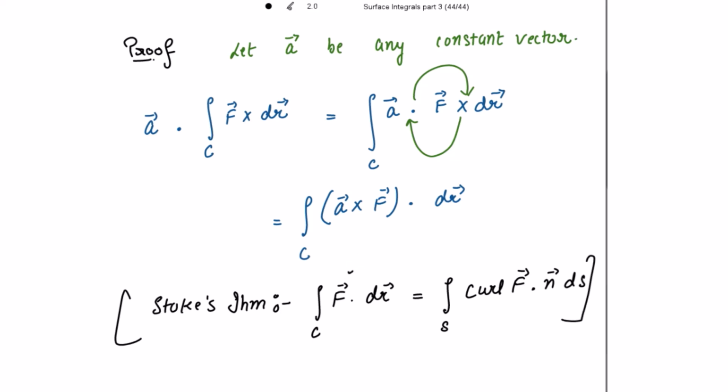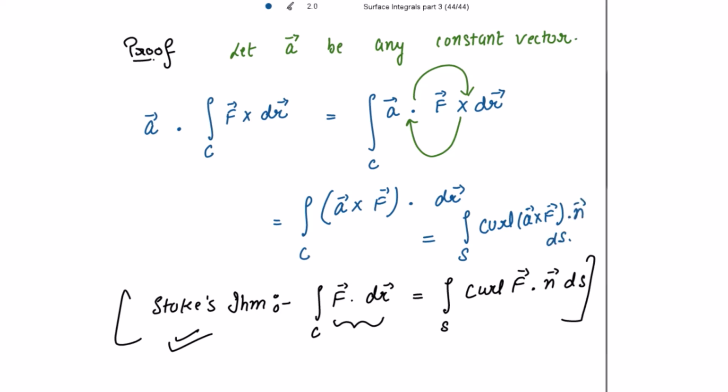So replacing this f vector with a vector cross product with f vector, using this theorem further, we write that this line integral is equal to the surface integral of curl of, that is, cross product of a vector and f vector, and its dot product with n vector ds.